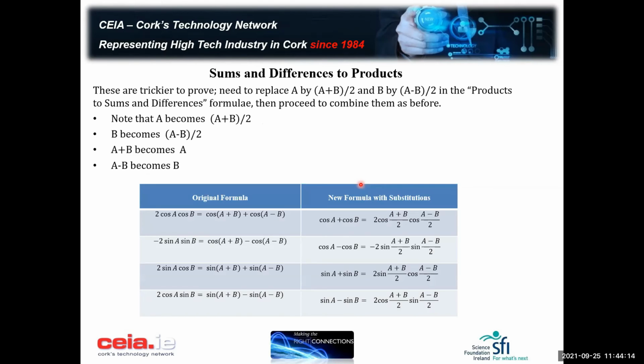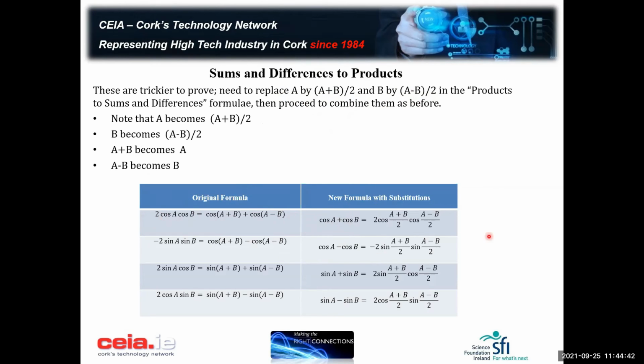For the sums and differences of products, it's a little bit more difficult to do that. You need to substitute A plus B over 2 for A, and A minus B over 2 for B. And that way, when you add them, you get A, and when you subtract them, you get B. You can convert this formula to this formula with that substitution.